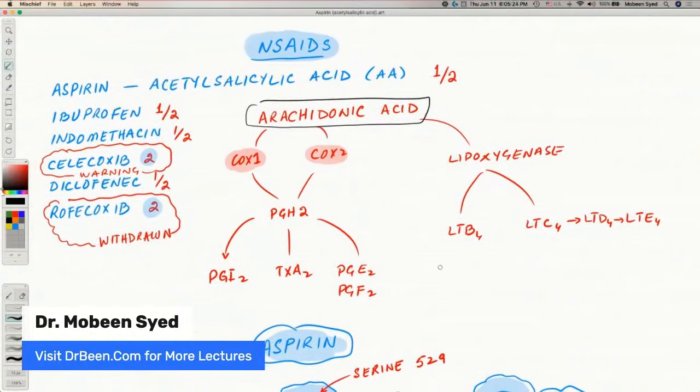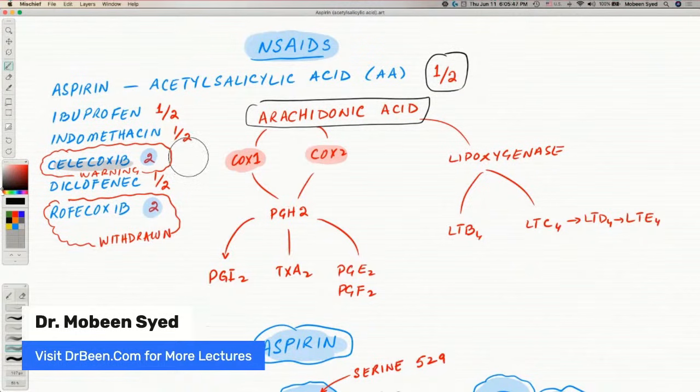Keep in mind that when we use aspirin, if you see here, I've put these numbers in front of all of these. So 1 and 2 here means that aspirin blocks cyclooxygenase 1 and cyclooxygenase 2. Similarly, ibuprofen blocks cyclooxygenase 1 and 2, and so does indomethacin.